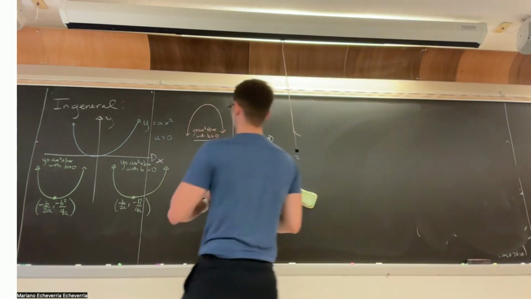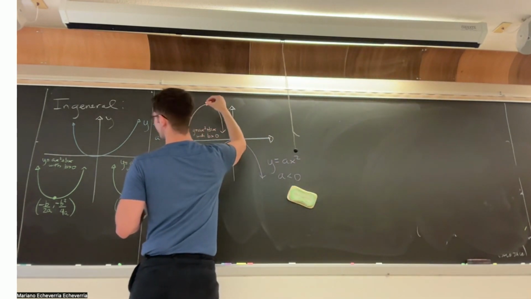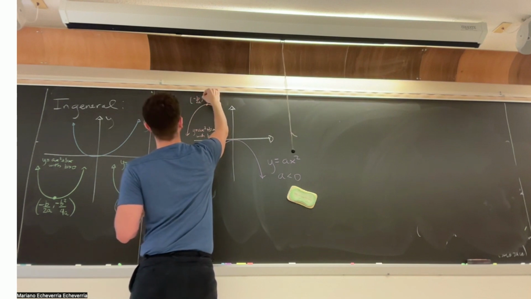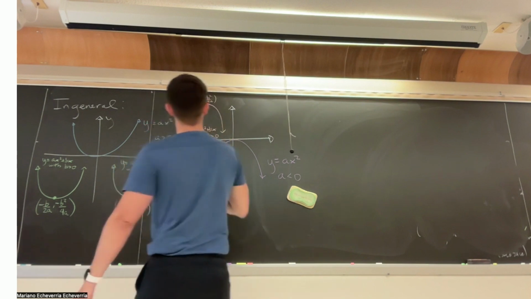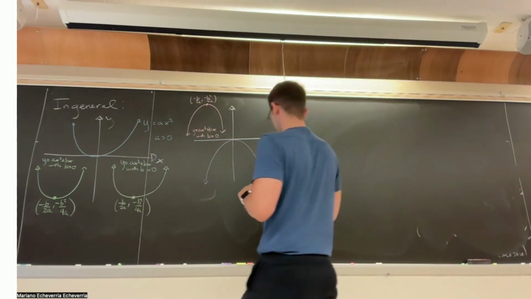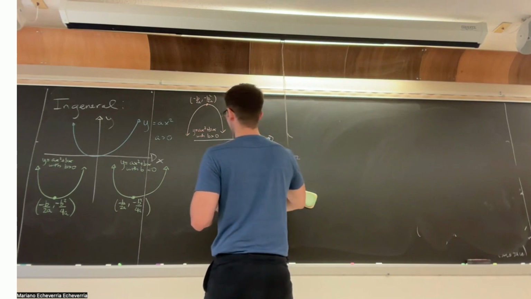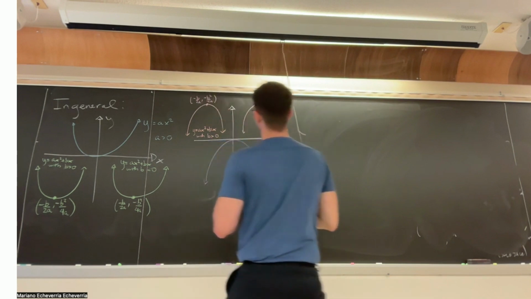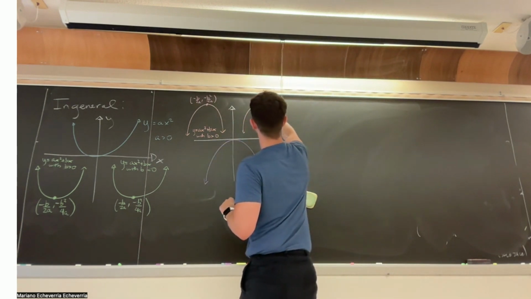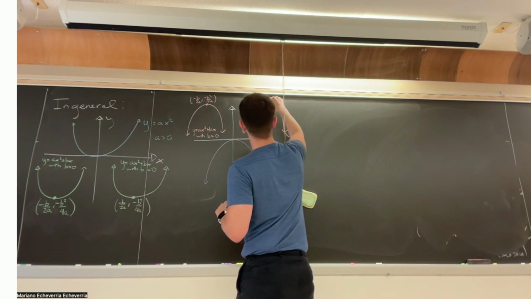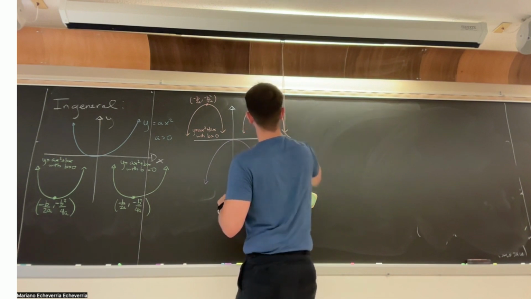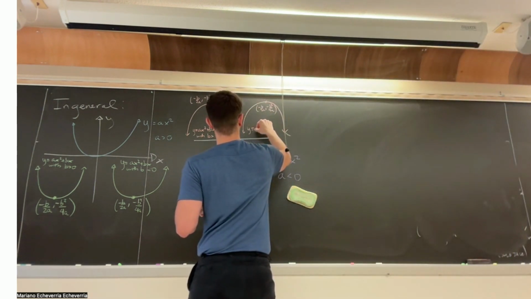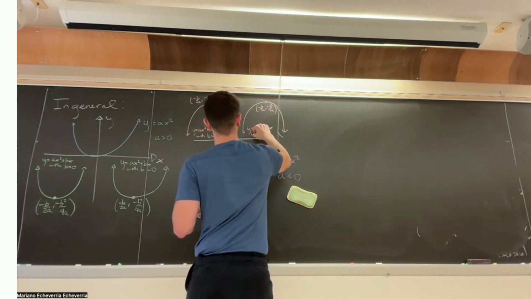Okay, I'll try not to erase this picture because it's important. And then the other one is when b is negative.